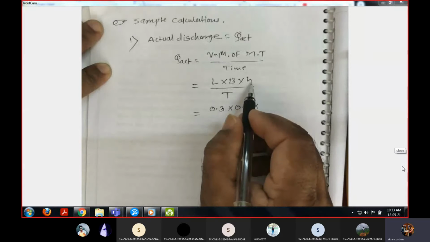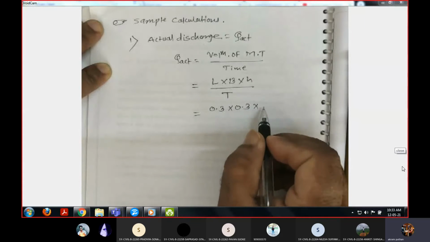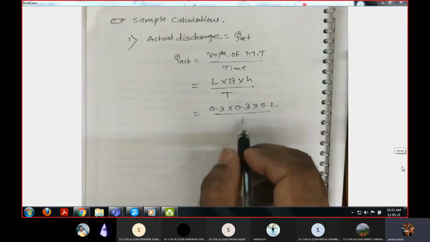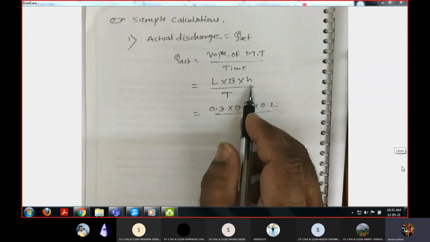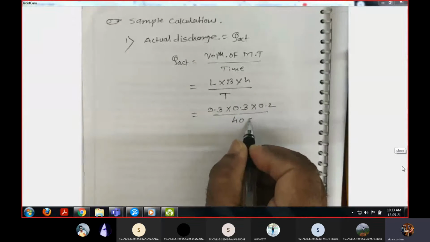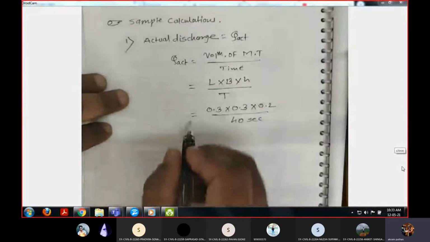The rise we have considered, that is 0.2 meter, divided by the time taken to rise the water level in the measuring tank, that is 40 seconds.